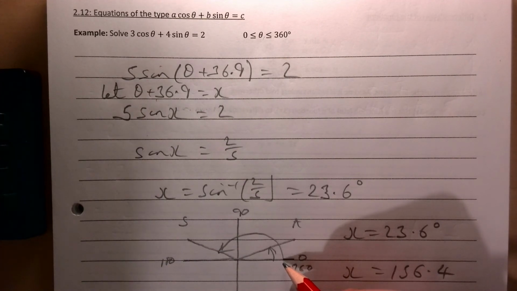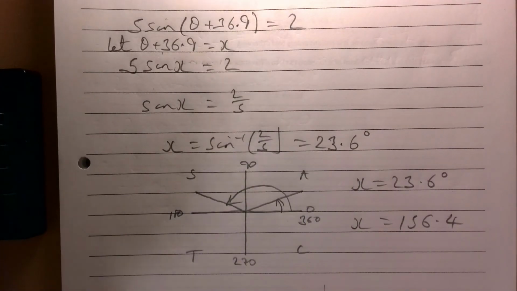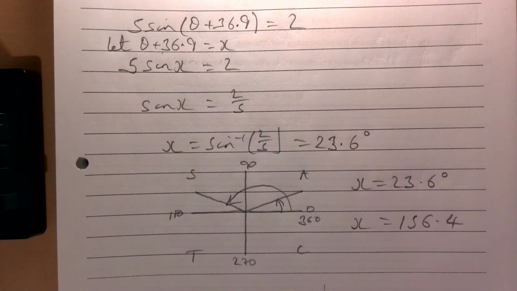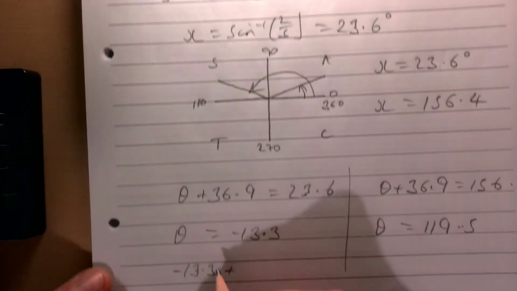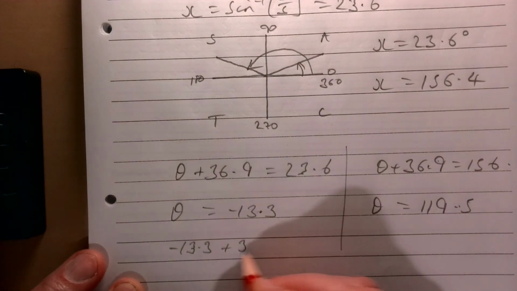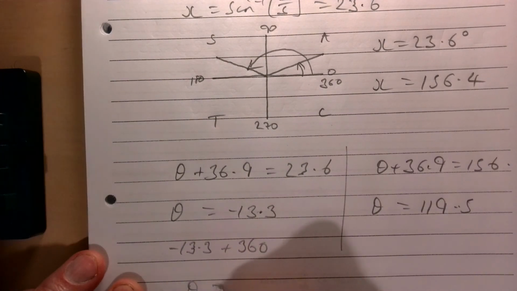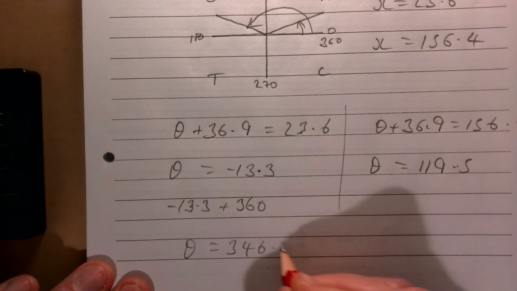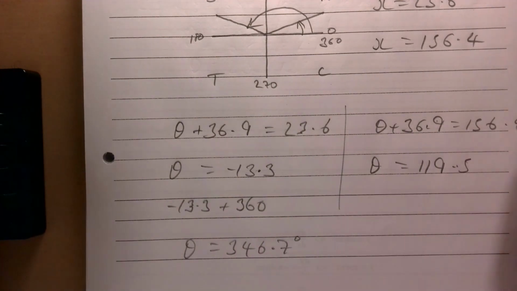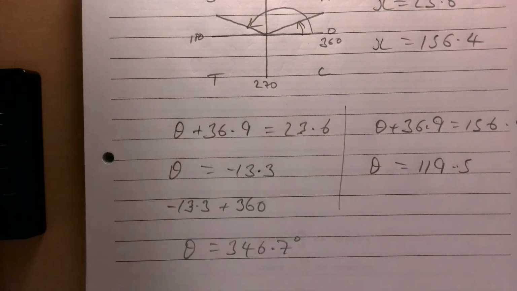If we add 360 degrees to this, minus 13.3 plus 360, our value for theta then is 346.7 degrees. So those are the two possible values that we can have for that.